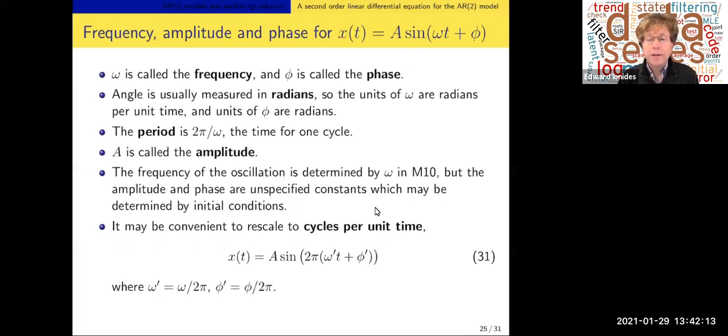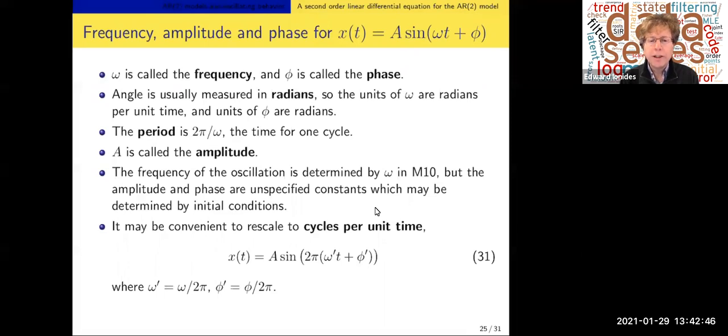And as we saw in the solution, A and phi are the unspecified constants in that differential equation, whereas the frequency is determined by the omega in the differential equation. When you come to do data analysis and look at practical problems, the units of the problem aren't always the same as the units that are most convenient for doing the math, so you have to be able to move between units.